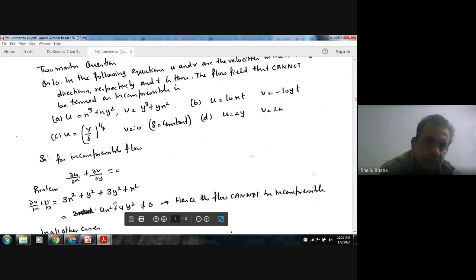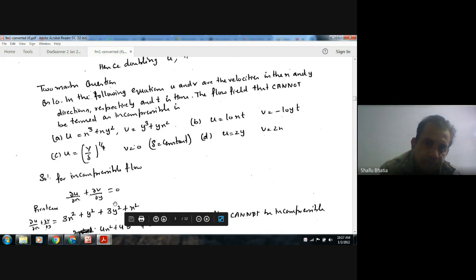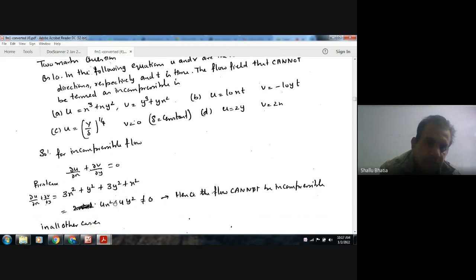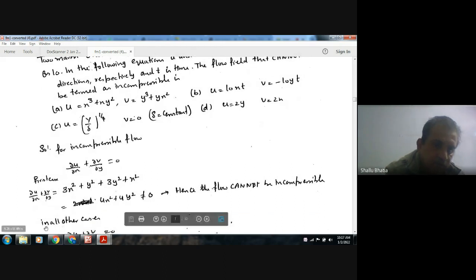So for the flow to be incompressible, this continuity equation for incompressible flow should be satisfied. So it is ∂u/∂x plus ∂v/∂y. Okay. So u here in the first option is x cube plus xy square, and v is y cube plus yx square. Okay.